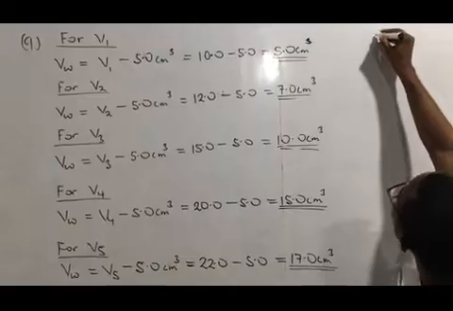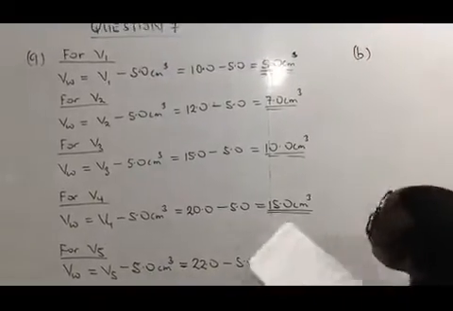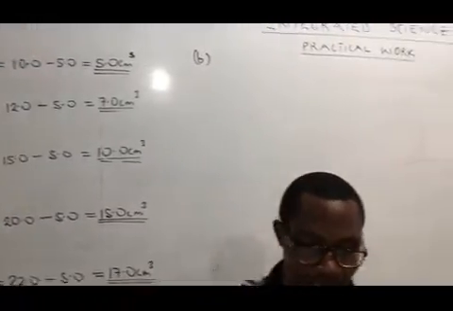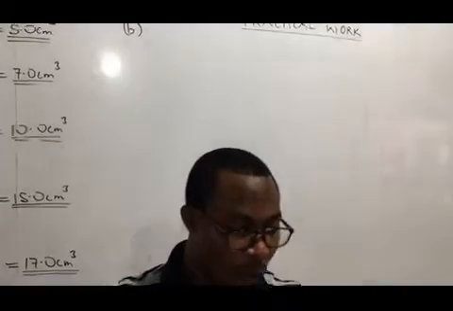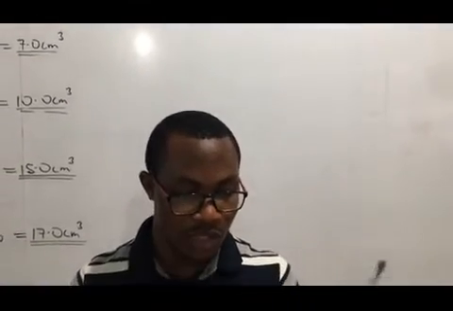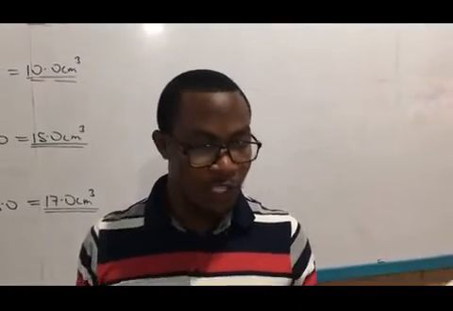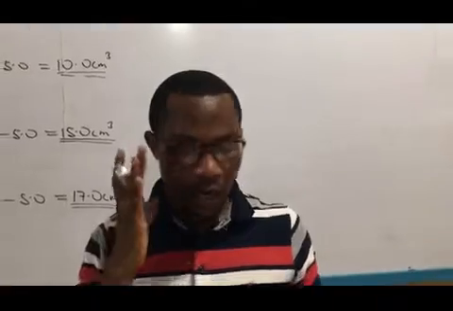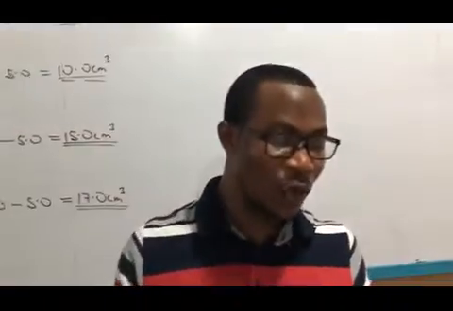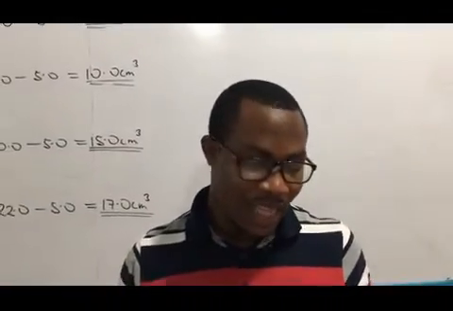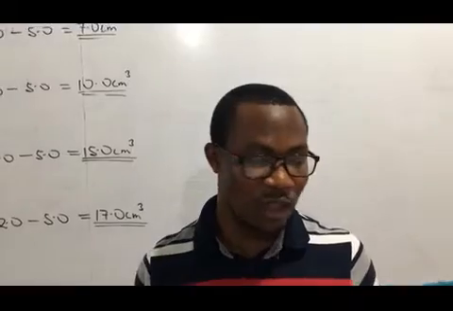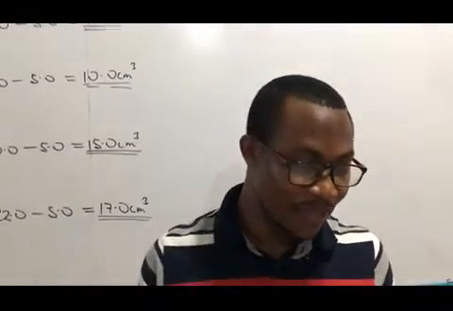Now B is asking that you determine the molarity of each of the solutions of volumes V2 and V5. So here you are calculating the molarity of the solution V2, and then you also calculate the molarity of the solution in V5.